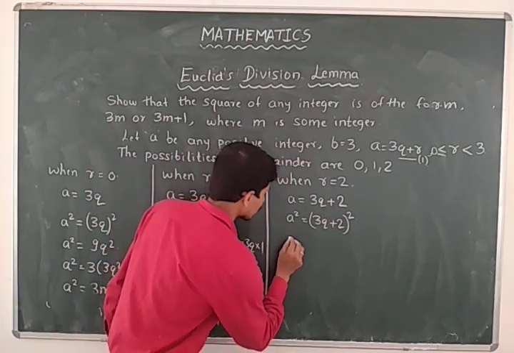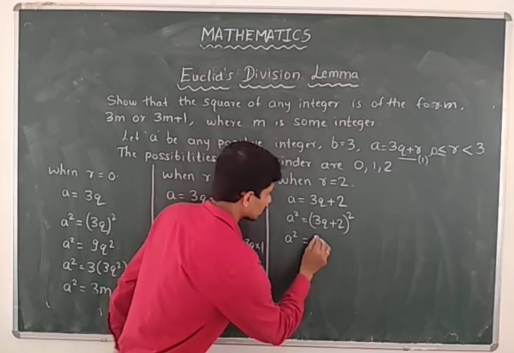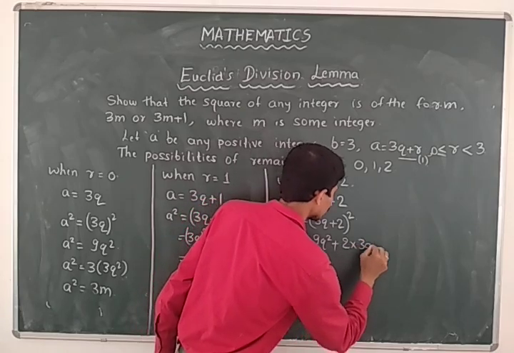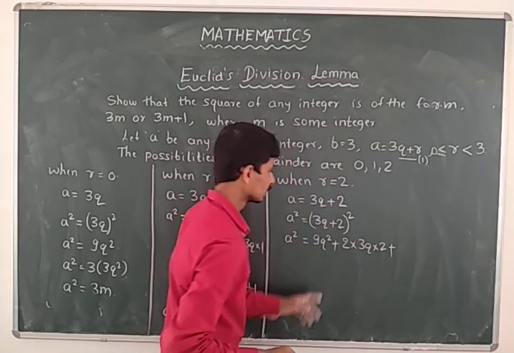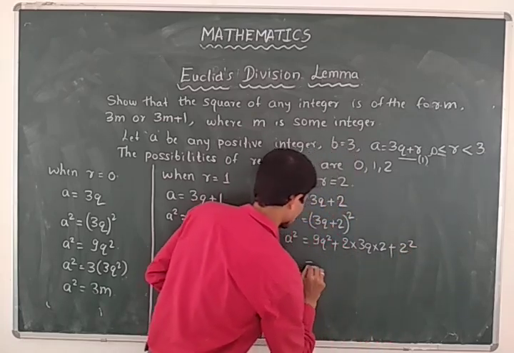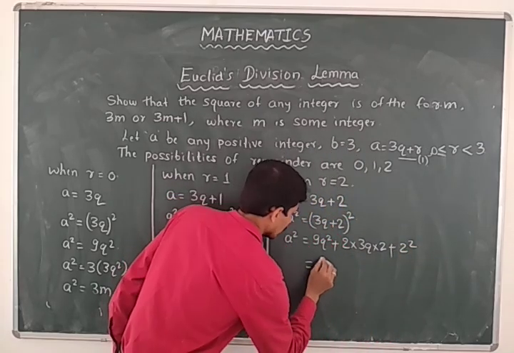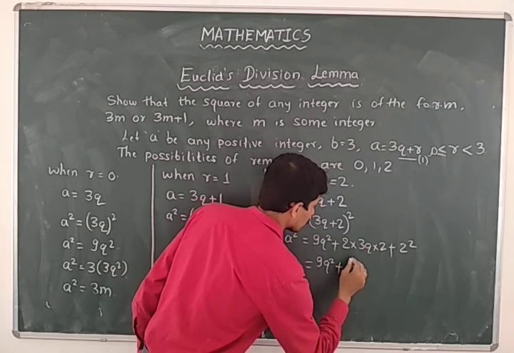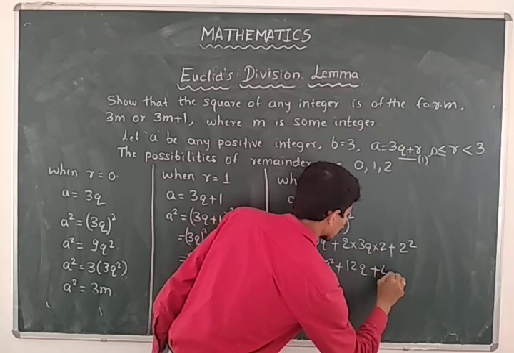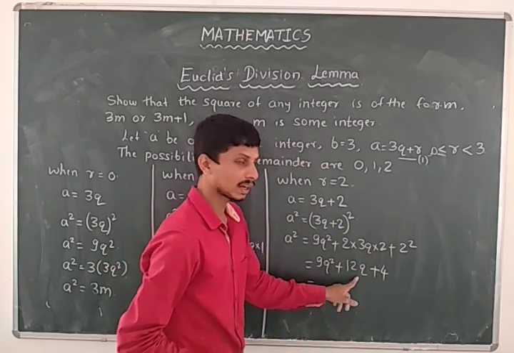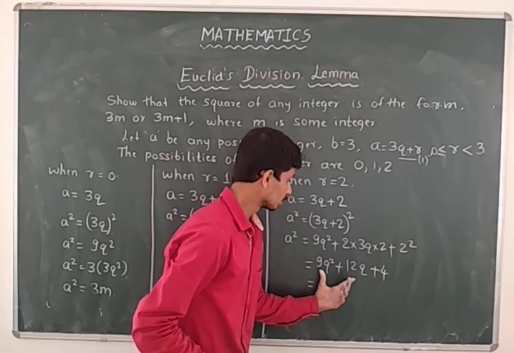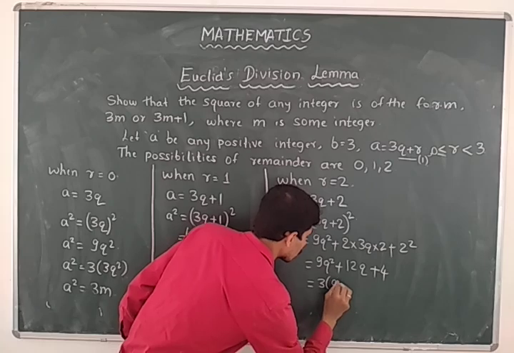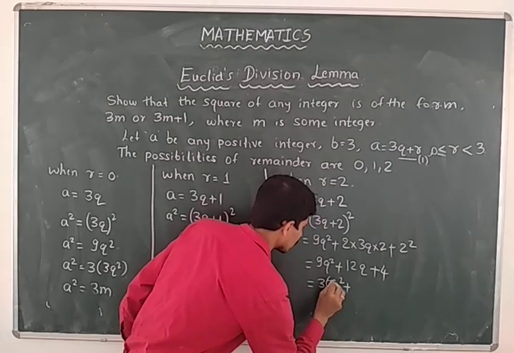Yes, so we have to square this part: 9q square plus 2 into 3q into 2 plus 2 square, which is equal to 9q square plus 12q plus 4. So from this we can take 3 common.